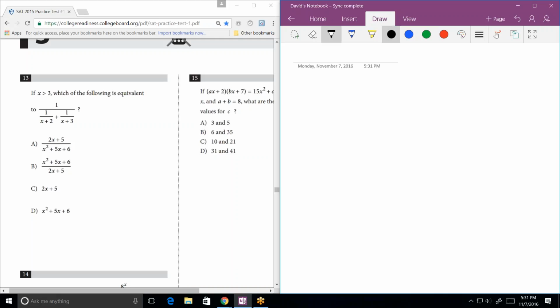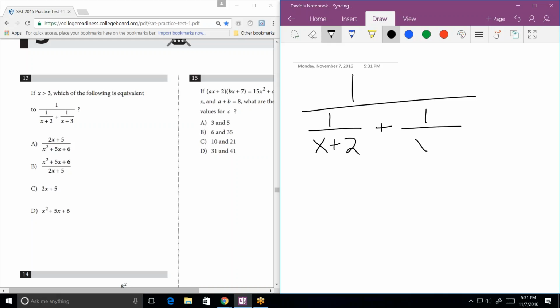The way to handle this problem is you have to know how to solve it, multiple choice or not. You need to be able to add those 2 fractions in the denominator, because you cannot flip and multiply until you have a single rational quotient.